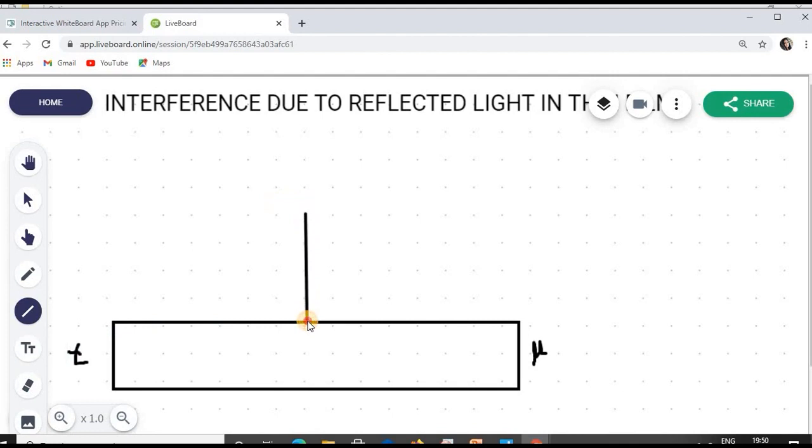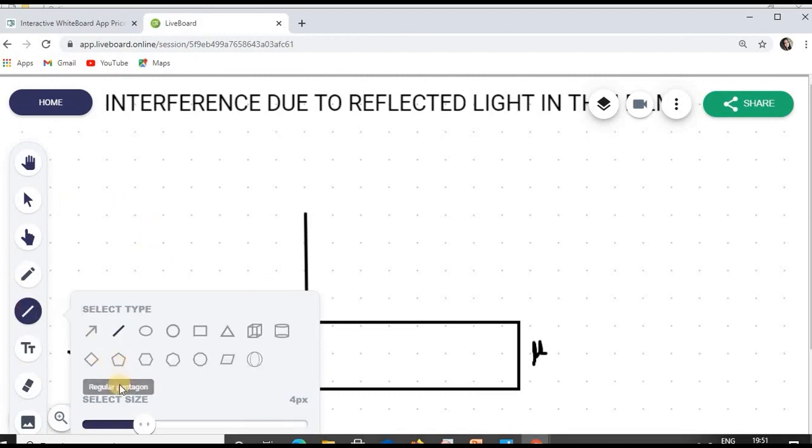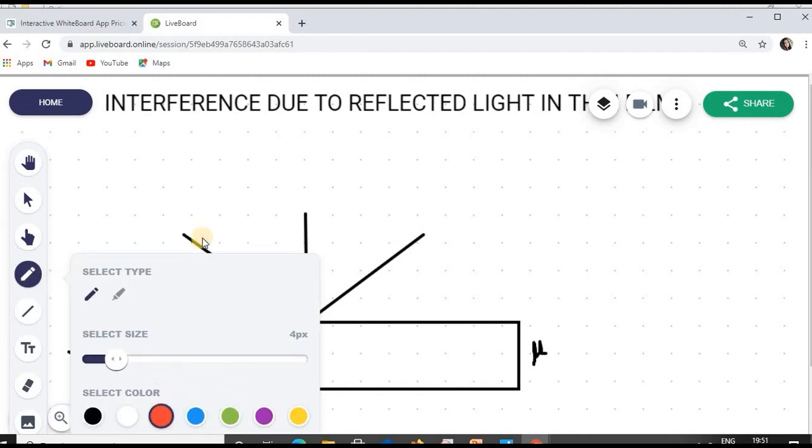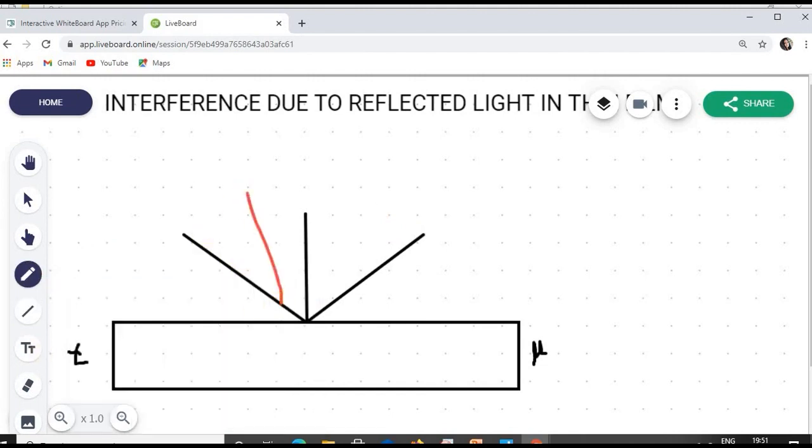Suppose I am having a normal here, and I am having an incident ray. It is at an angle of incidence, and I am having a reflected ray satisfying the conditions for incidence and reflection.